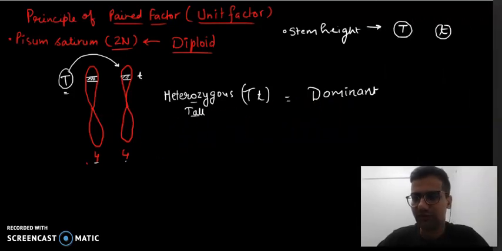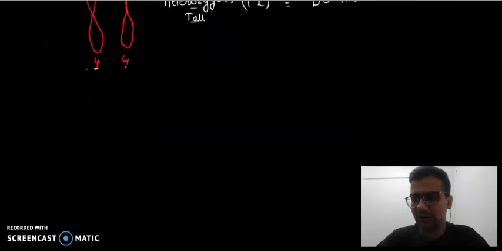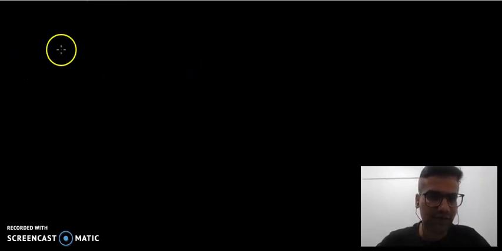But if we talk about the second phenomena, the second form can be this same chromosome, that is chromosome number 4, on which the gene for tallness is present.